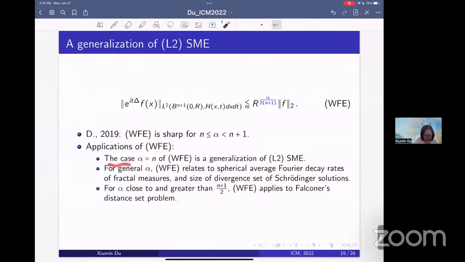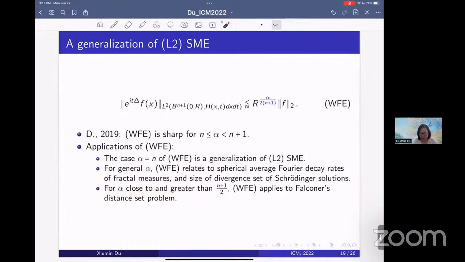We already saw that the case alpha equals n is a generalization of the L2 Schrödinger maximal estimate. And for general alpha, it relates to spherical average decay rates of fractal measures and sets of divergence of Schrödinger solutions. And for alpha close to and greater than half of n+1, this estimate applies to Falconer's distance set problem. And we'll see more details soon.